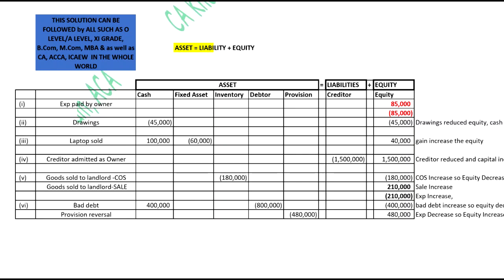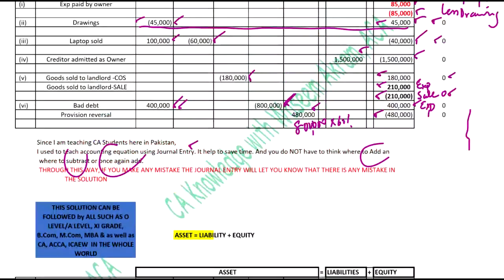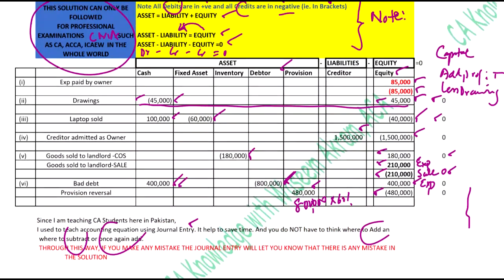Lots of teachers teach like this also. However, this way out has not been discussed anywhere in the books, but it is applicable and suggested for the students who are doing CA, ACCA, ICAEW in the whole world.